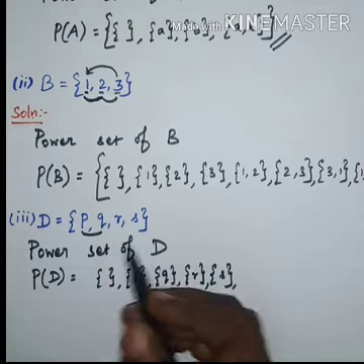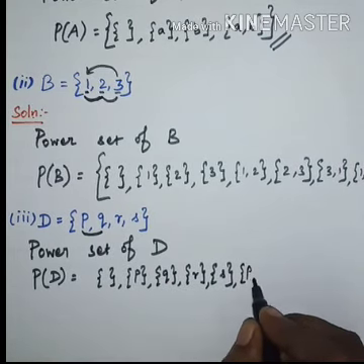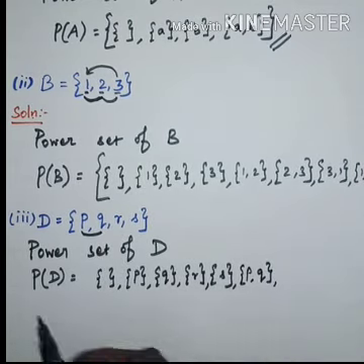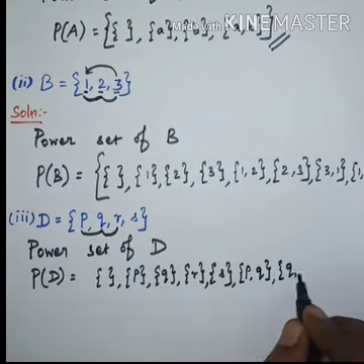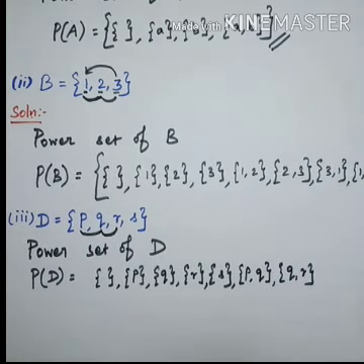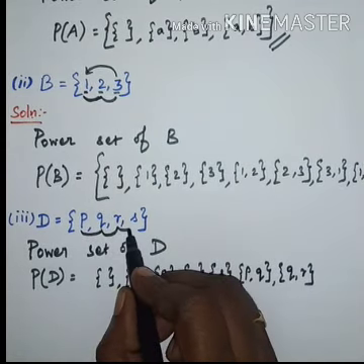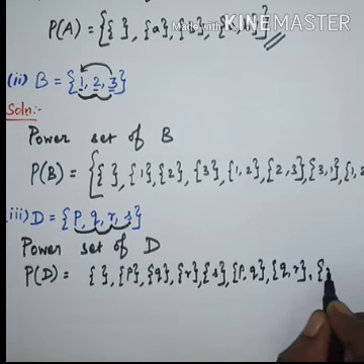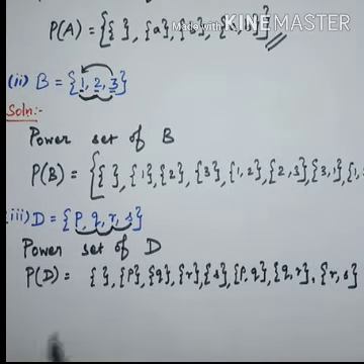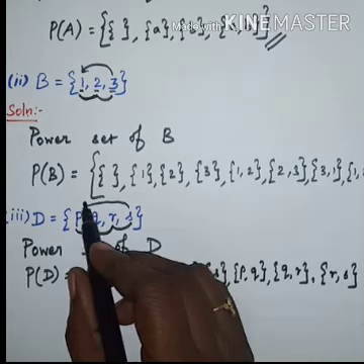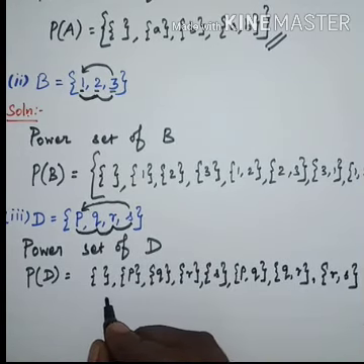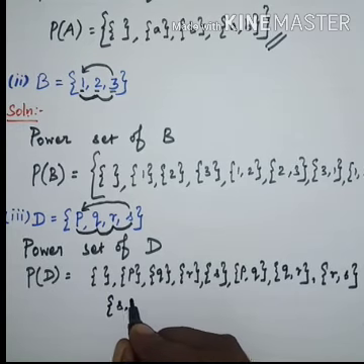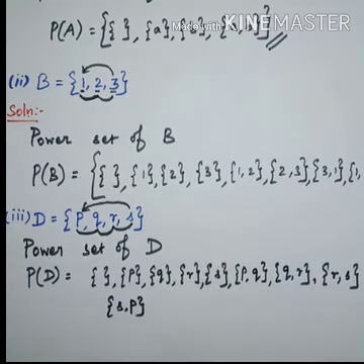So {P, Q} is one combination, and then {Q, R} is another combination, and then {R, S} is another combination, and then {S, P} is the final two elements combination.